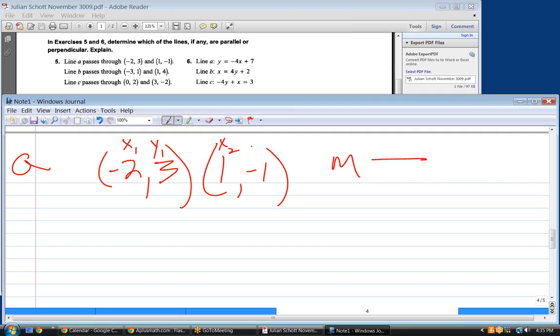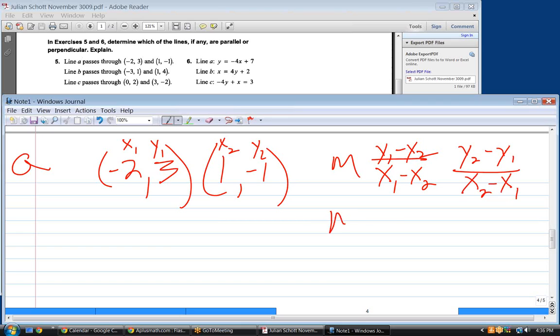That's x sub 2 and y sub 2. And you can go in either direction. In other words, this is permissible, or this is permissible, as long as you go in the same direction, top and bottom.